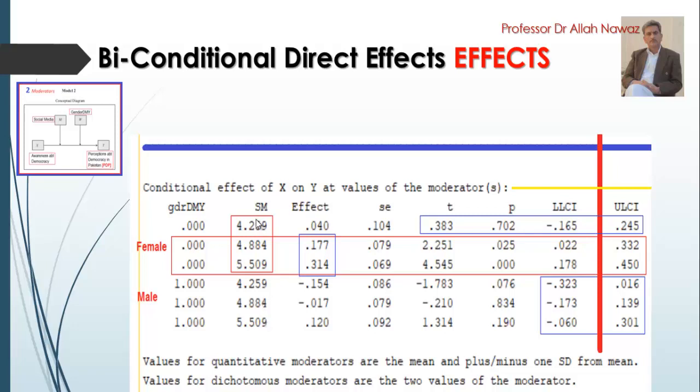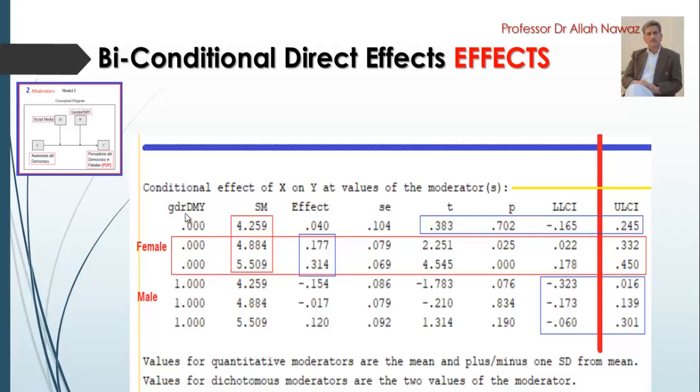This column shows that at this level of social media, when the females are scoring 4.259, the effect is 0.040 with a t-score of 0.383, which is insignificant, and a p-value of 0.7, which is also insignificant. The lower and upper limits of the confidence intervals have a minus sign on one side, meaning that there is 0 between the two.